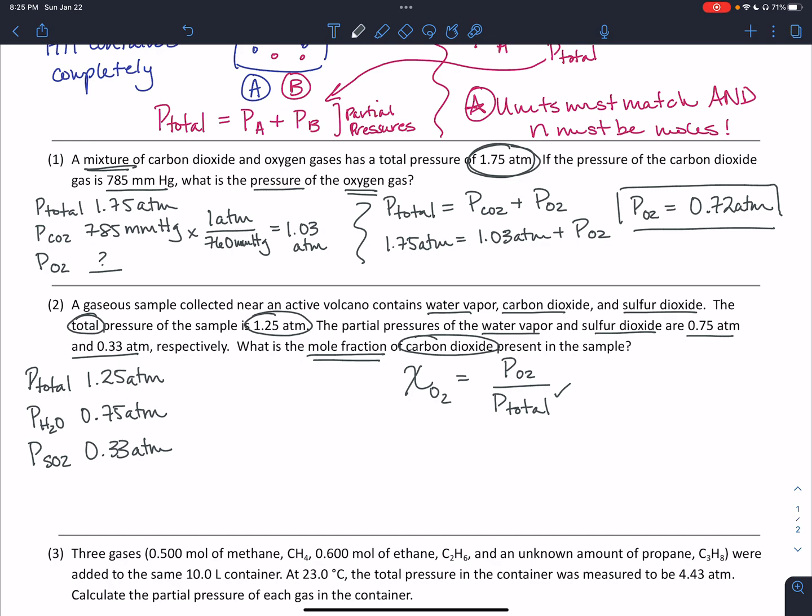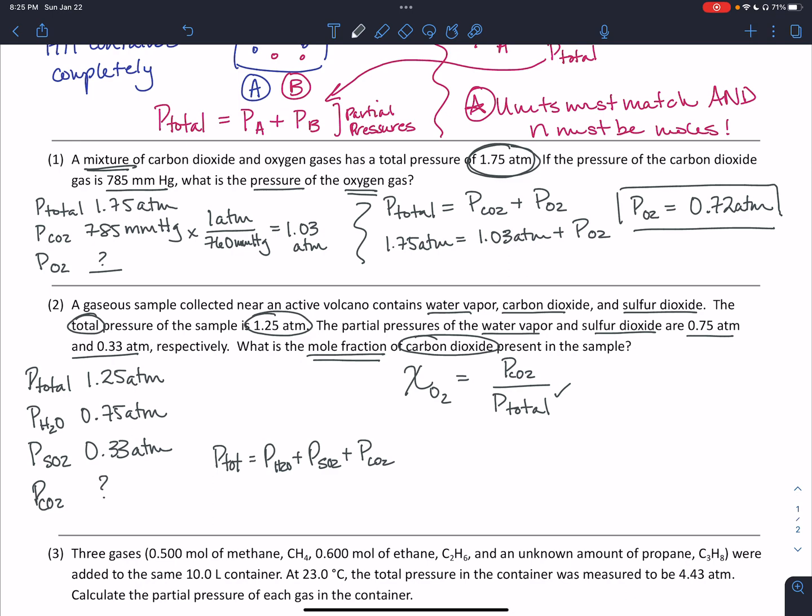And if I go back, I should be able to do that, right? Because I know 2 of the 3 partial pressures. So it should just be a matter of using Dalton's law. So the P total equals partial pressure of H2O plus the partial pressure of SO2 plus the partial pressure of CO2.